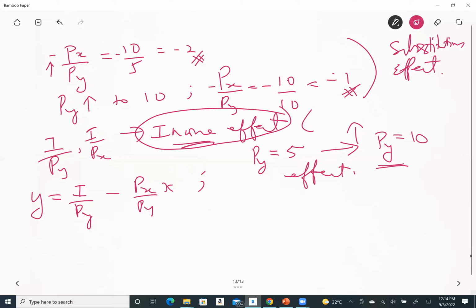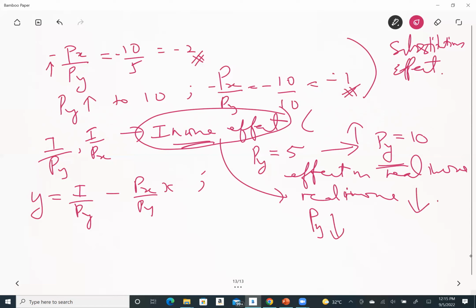It is reduced. So with the income effect, a higher price reduces your real income. Lower price, let's say the price of Y goes down, what happens to the real income? Income is still 1,000.